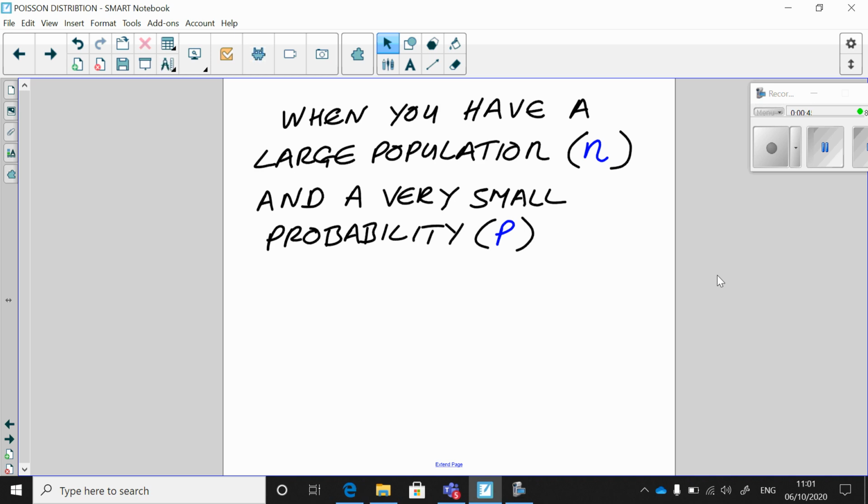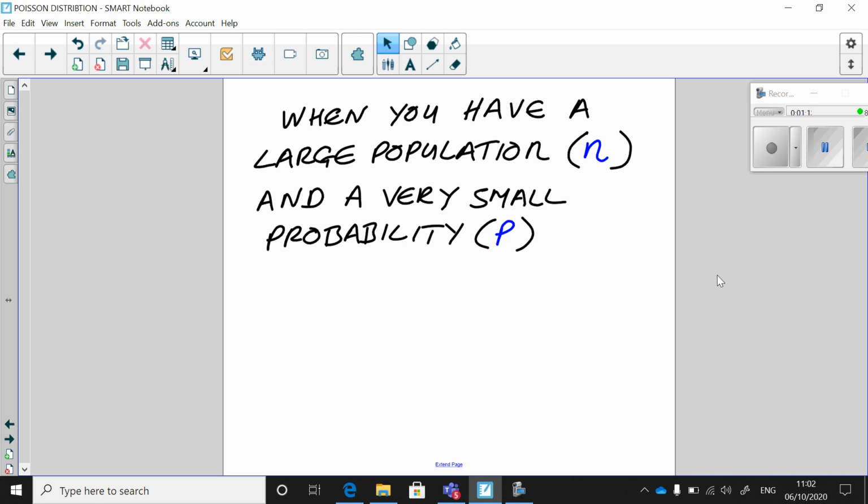This happens when it's really a binomial situation. So we have got a fixed population n here, combined with a very small probability that something will happen. So this is really binomial because we have a fixed population n and we've got a probability.